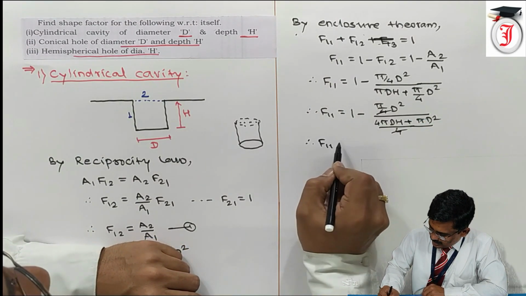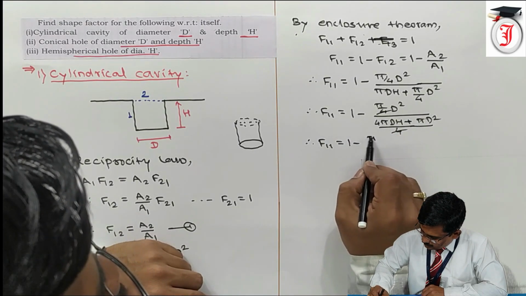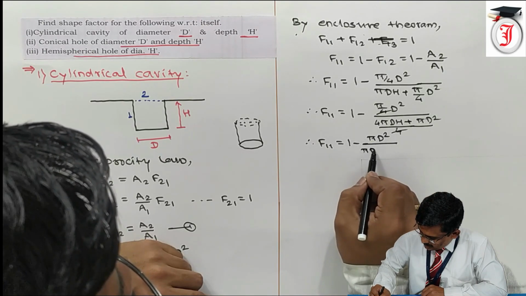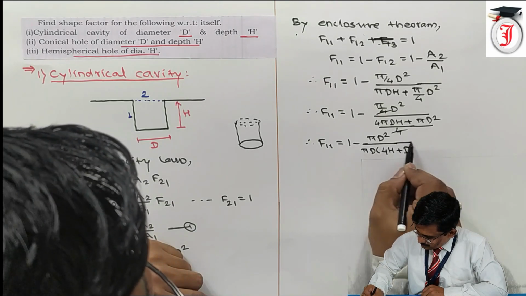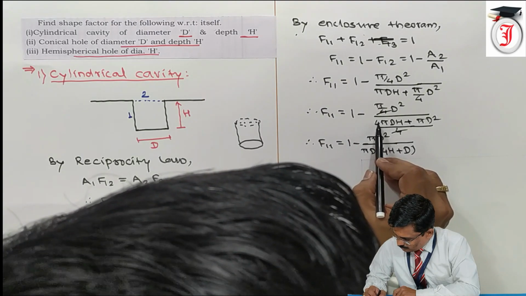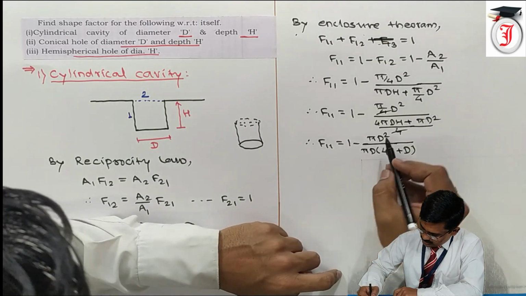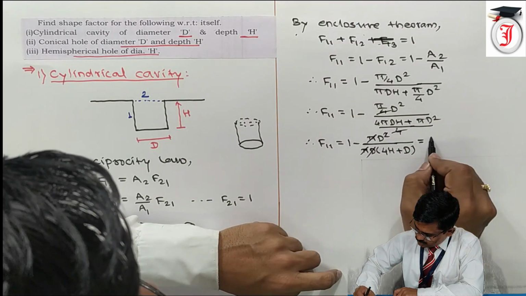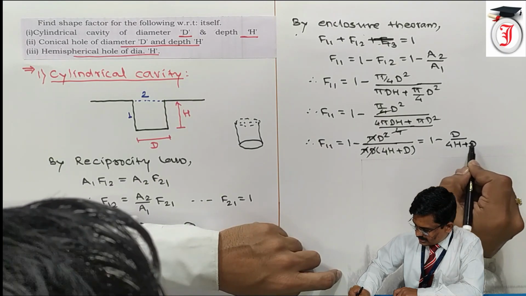Therefore F11 is equal to 1 minus pi d square upon pi d into bracket 4h plus d. So pi gets cancelled, d and d get cancelled, so it is 1 minus d upon 4h plus d.